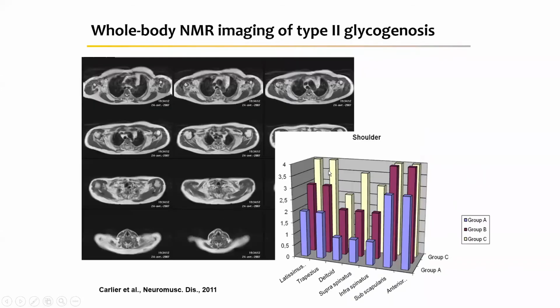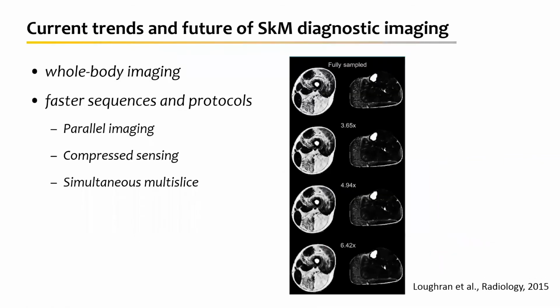And also, if you look at the shoulder, also at an early stage, you have a very significant early and massive involvement of the serratus anterior and the subscapularis, something that you can see here. So going to whole body, for Pompe in this example, if you put everything together, you can pick up very positive signs in favor of the disease.